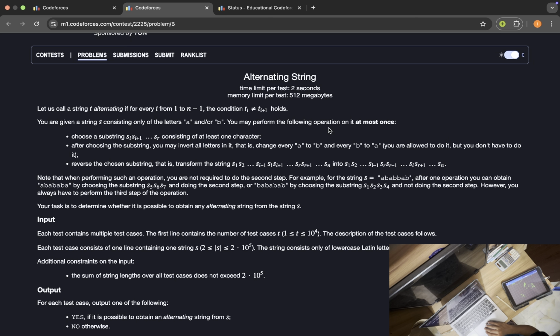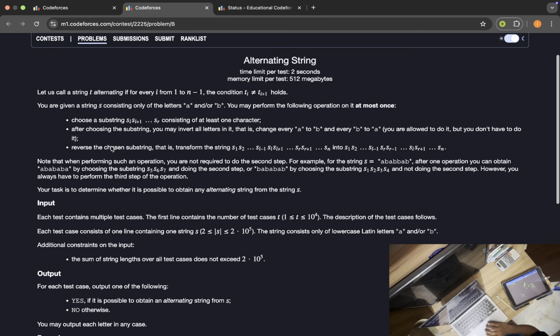You may perform the following operation at most once. Choose a substring l to r containing at least one character. After choosing the substring, you may invert all letters in it, that is, change every A to B and every B to A.